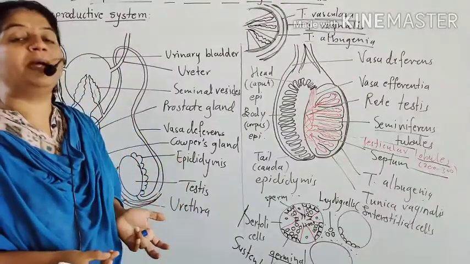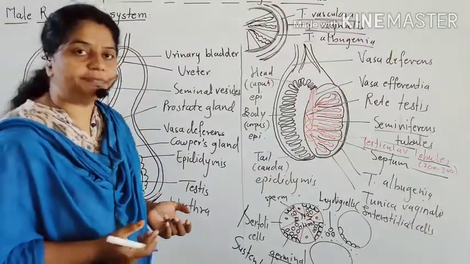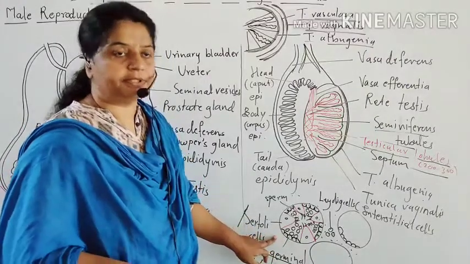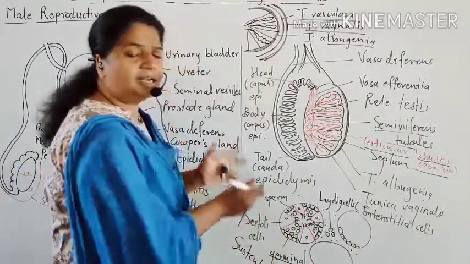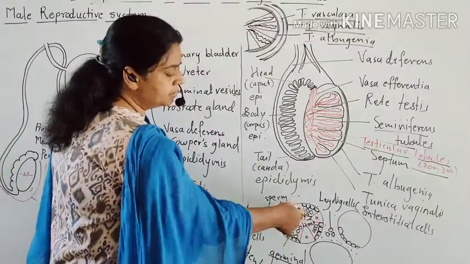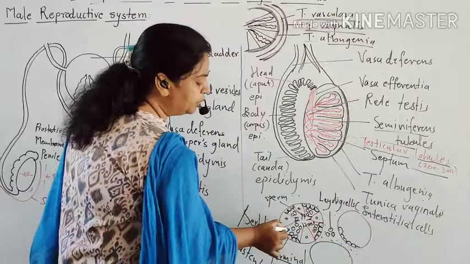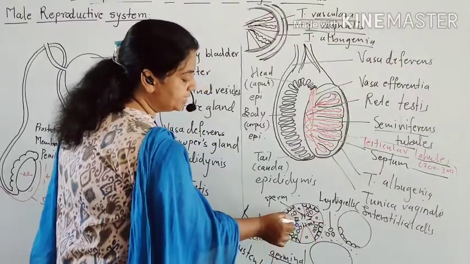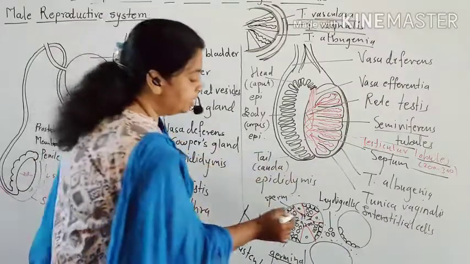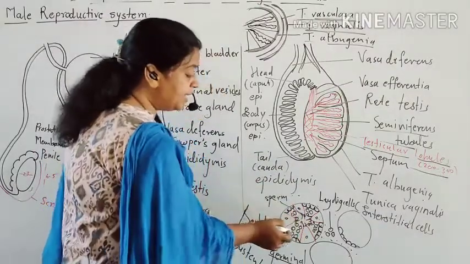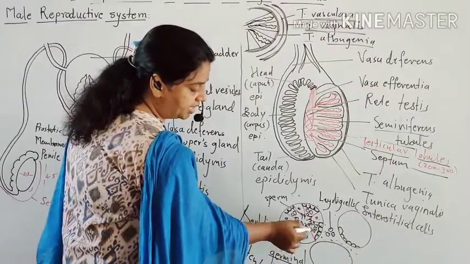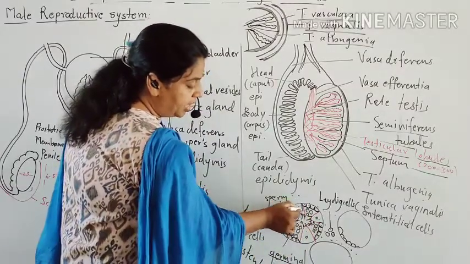After spermatogenesis and meiosis division, it produces sperms. There are a number of stages found in the seminiferous lumen: spermatogonia, primary spermatocyte, secondary spermatocyte, spermatids, and sperms. These are the sperms.